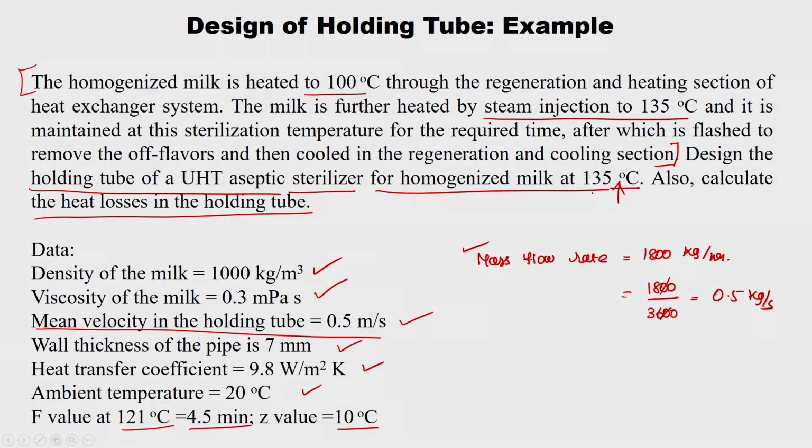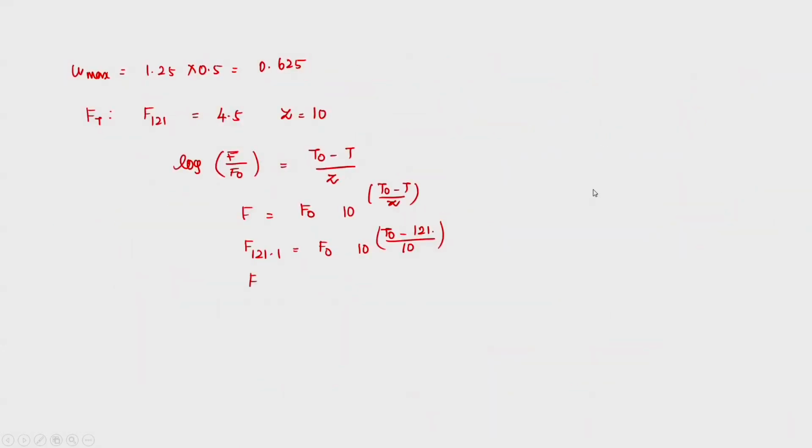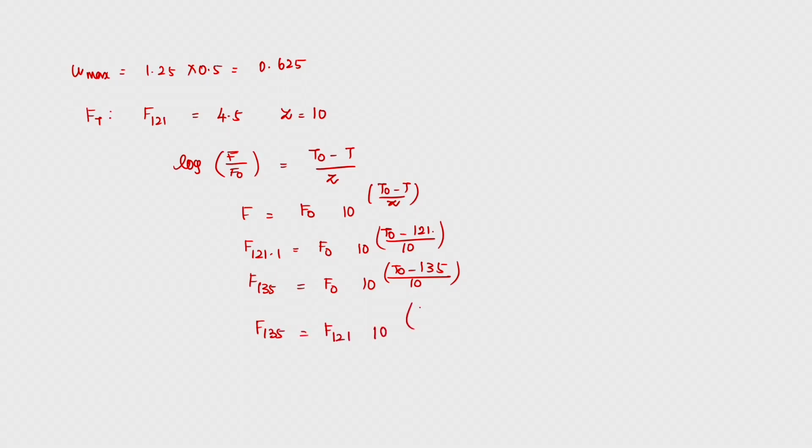right. Our temperature is 135, so I am supposed to get it at 135 degree. So, which is nothing but f naught into 10 to the power of T naught minus 135 divided by 10. So, f at 135 is f 121 into 10 to the power of minus 135 upon 10 with 121, which comes around 4.5.